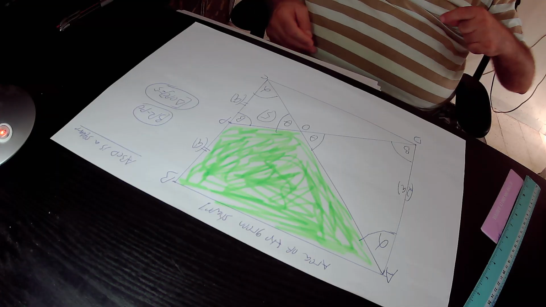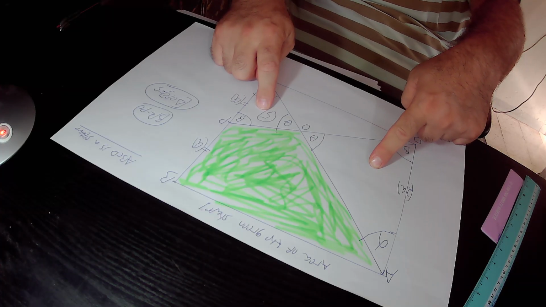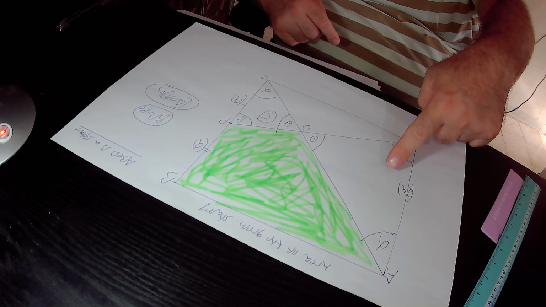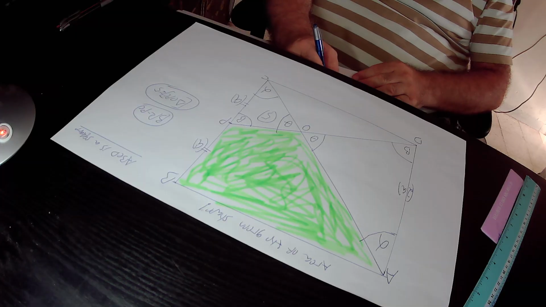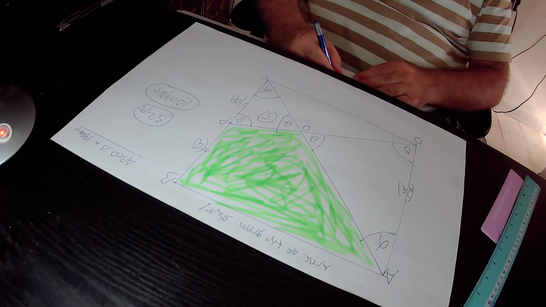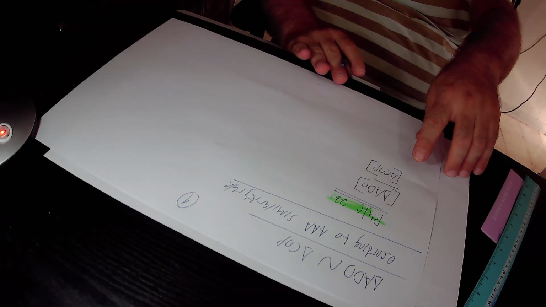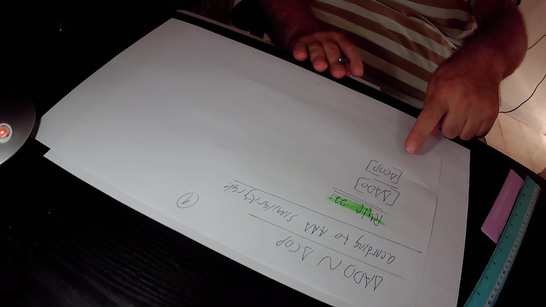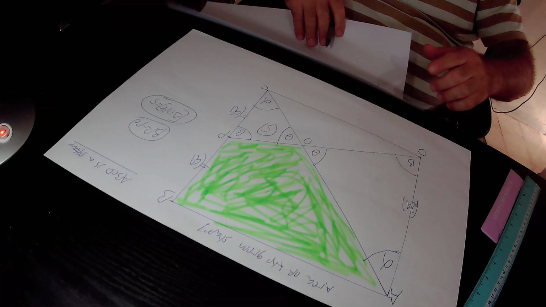According to rule 22, the ratio between the areas of those two similar triangles is the area of the big triangle ADO over the area of this small triangle COP. And that ratio is equal to the square of the ratio of their corresponding sides.